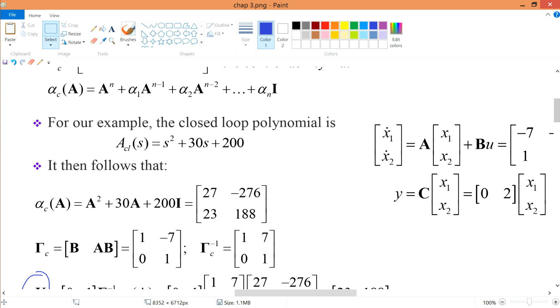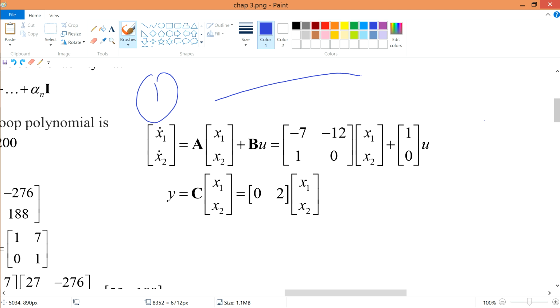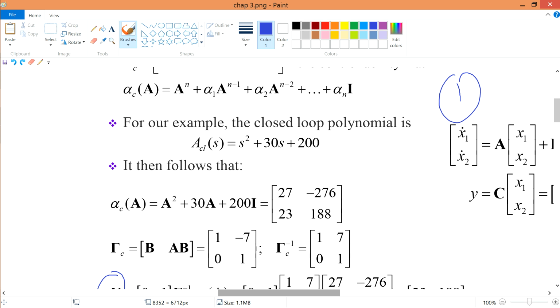The first step is to write your state space, which is all over here. The second step is to determine your closed loop poles. You want to know which desired closed loop poles that you want. The third step is to change your s squared to A squared, your s to A, and your 200, your s to the power 0, to I, your identity matrix.